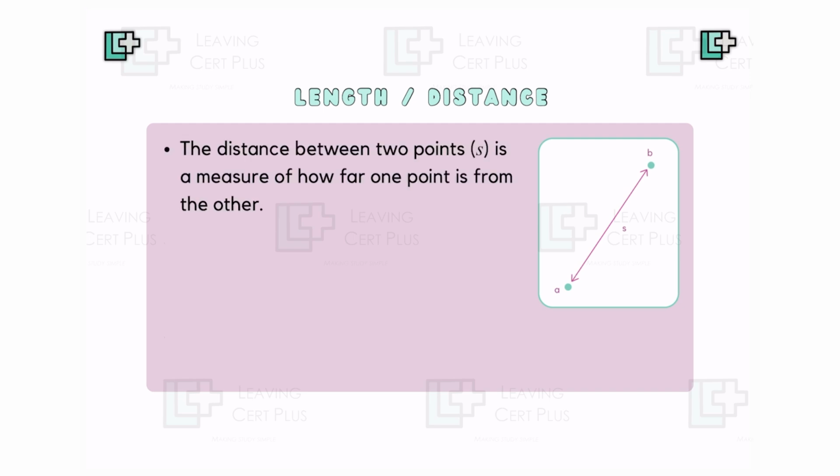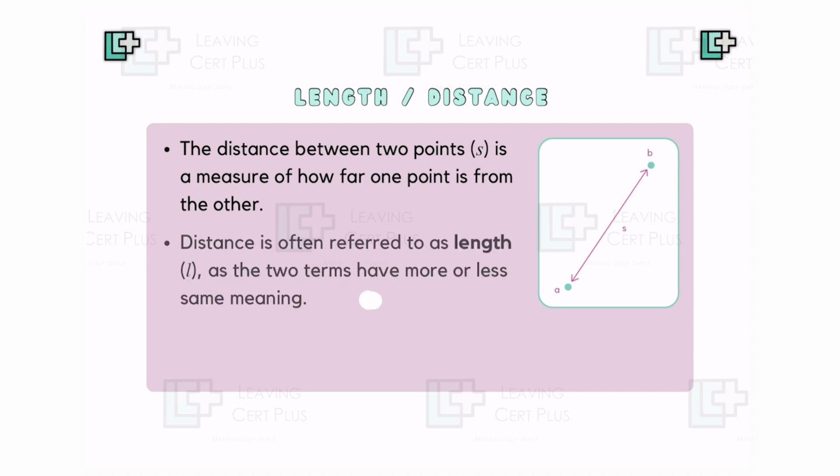First we're going to define length. If you look at the diagram over here, I marked two points, point A and point B, and I marked a straight line between those two points, and I call that line S. The size, the length of that line is what we're looking at over here. It's length or distance. The distance between two points is a measure of how far one point is from the other.